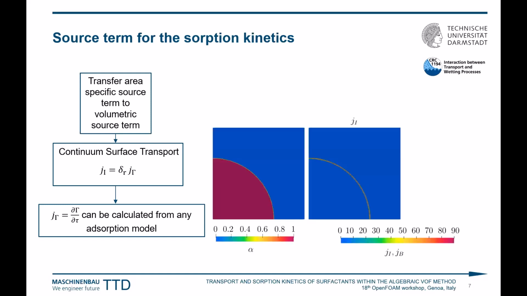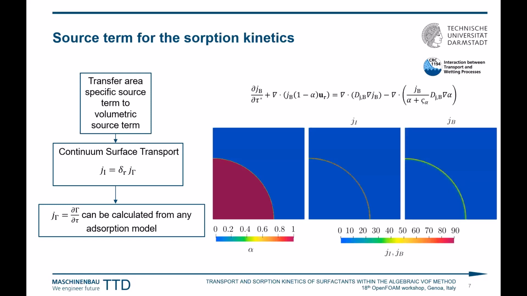Such an example is shown here where a liquid drop can be seen, although this is an axisymmetric case. And with the particular alpha field that is shown here, once we have the source term Ji, which is only defined at the interface, we can see this distribution. Following a similar methodology to what I have shown before to diffuse the Ci field, which is a very narrow region at the interface, we can again do this diffusion.